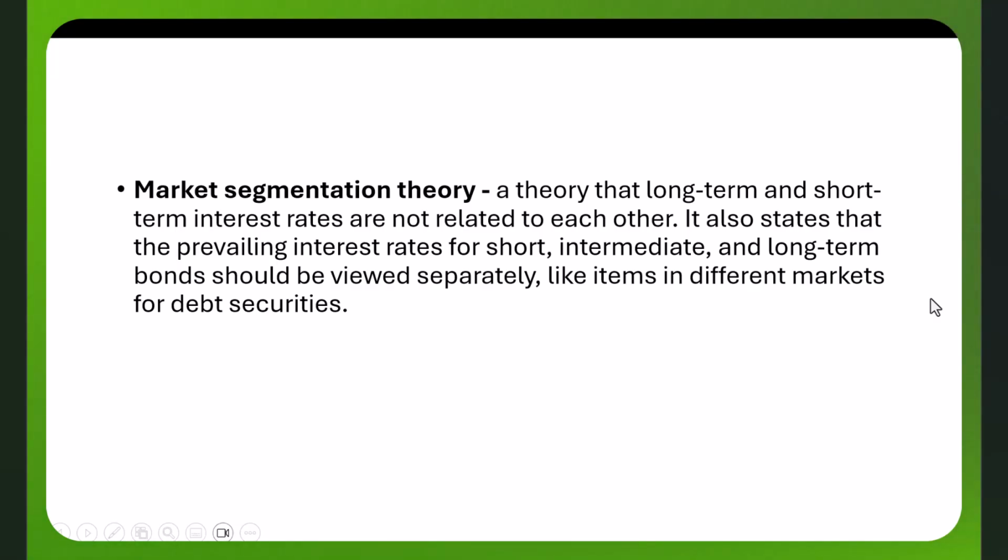The third theory of the term structure is what's referred to as the market segmentation theory. This is a theory that says that long-term and short-term interest rates aren't really related to each other. They're determined by their own markets. And if you think about it, it kind of makes sense. If you're getting a 30-year mortgage, what does that have to do with a 90-day treasury bill?